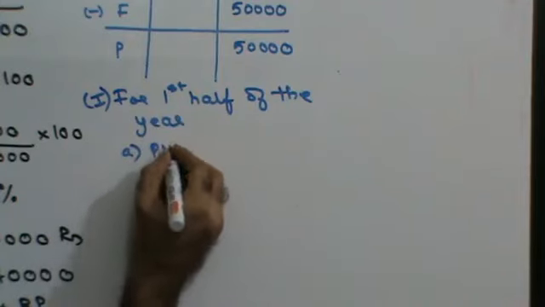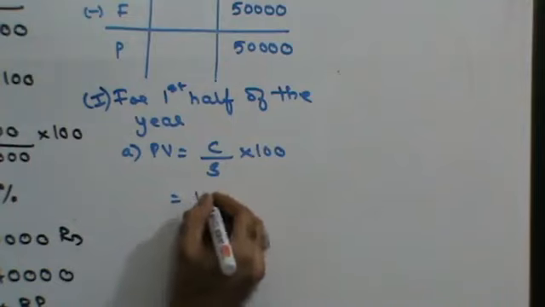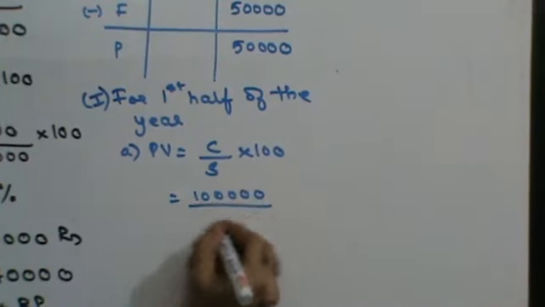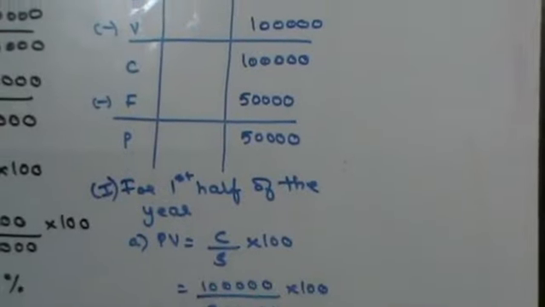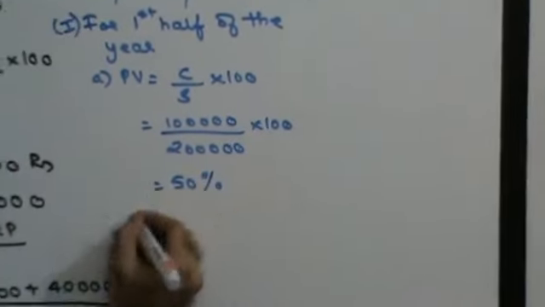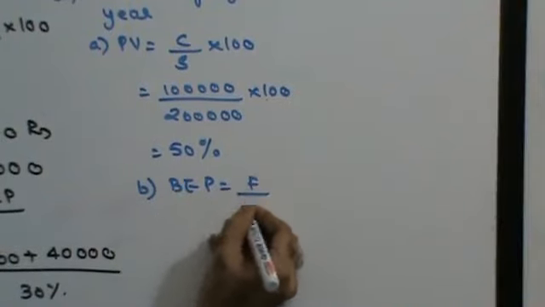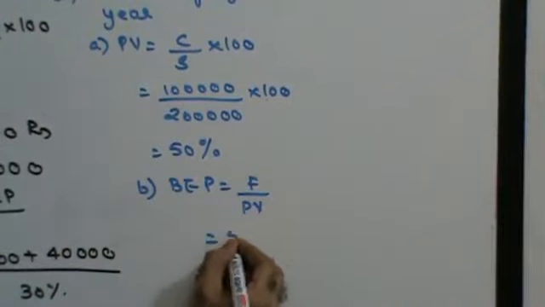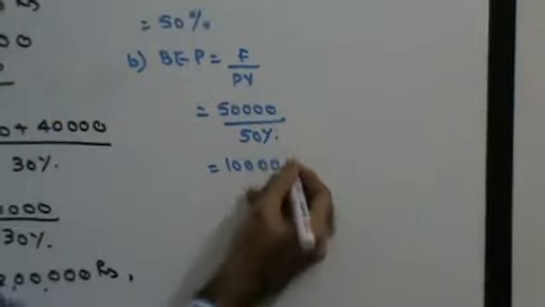Let's find out PV. PV is C upon S into 100. That's 1 lakh divided by 2 lakhs into 100. That's 50%. Next, BEP. BEP is F upon PV. F is 50,000 divided by 50% is going to be 1 lakh.